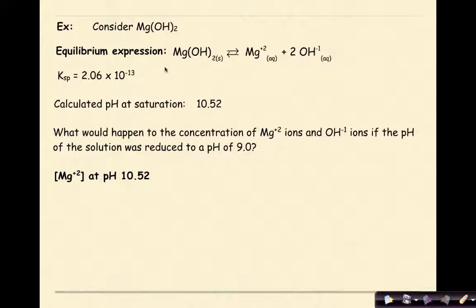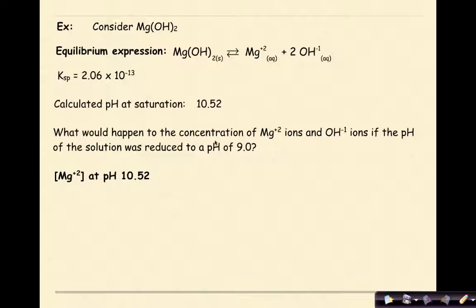My equilibrium expression is going to be Mg(OH)2, reversible reaction with a partial dissolution into magnesium ions and hydroxide ions. The KSP value associated with this is 2.06 times 10 to the negative 13. And the calculated pH at this saturation is 10.52.